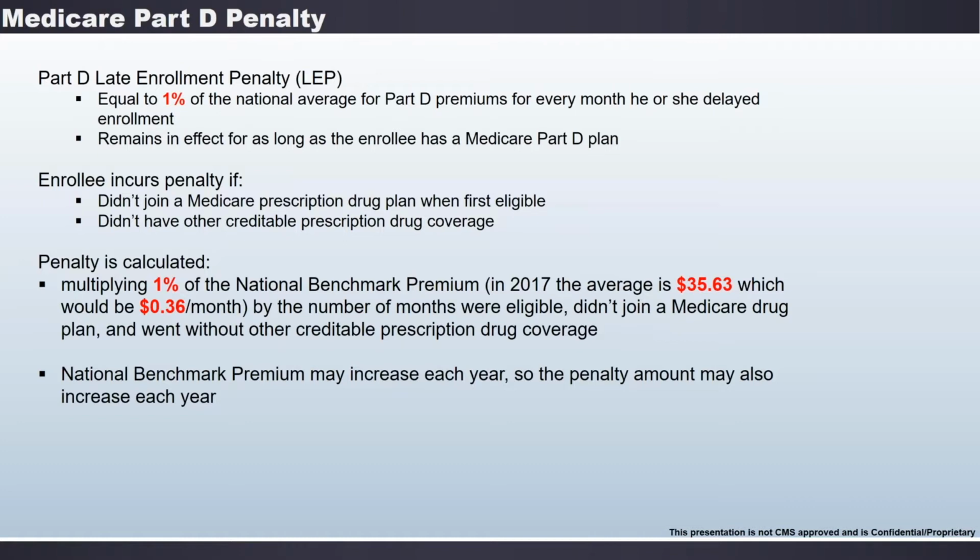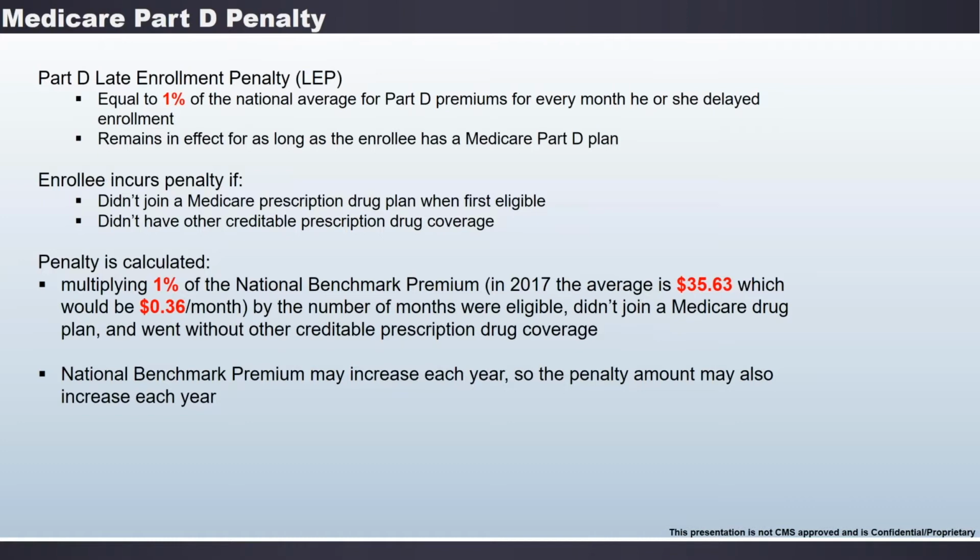So that means that once this penalty starts, or once it has happened to the customer because they were late enrolling, it never goes away. They'll pay that penalty for the rest of the time. With one little exception: if they do get that low income subsidy, it's waived for them.